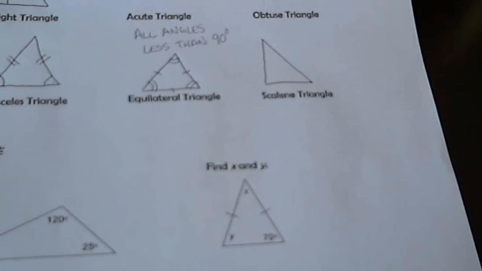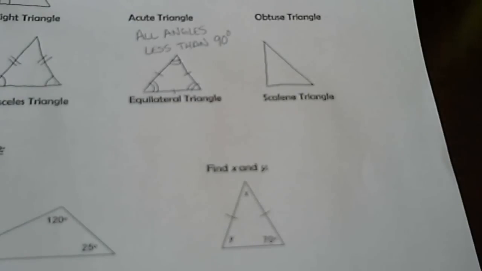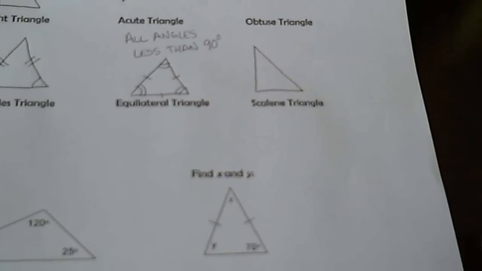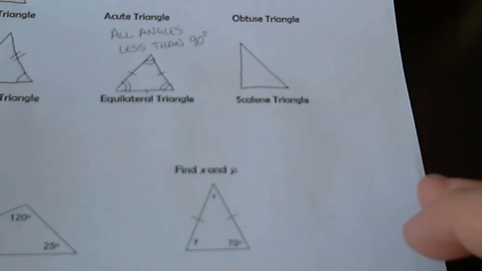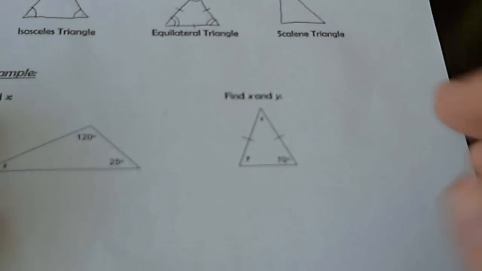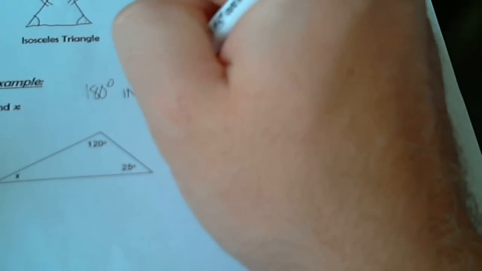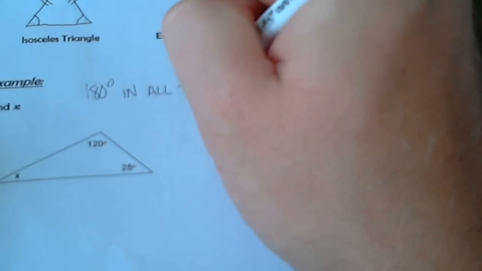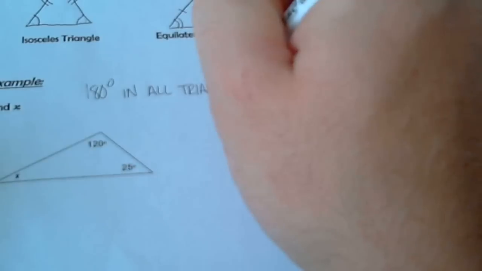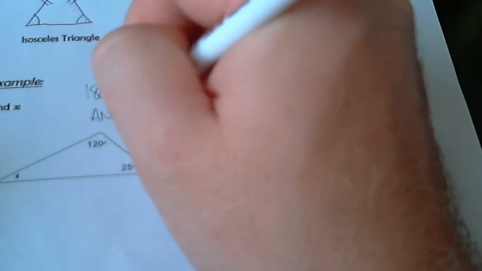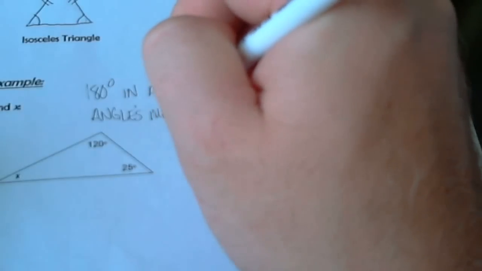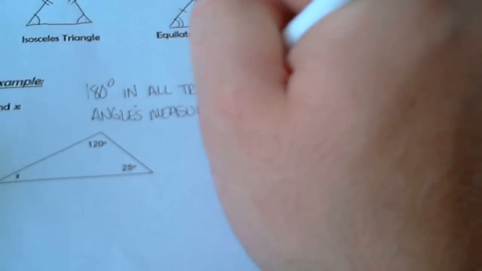Okay, before we move on to studying measures of angles and triangles, let's just review that there is 180 degrees in all triangle angle measures.